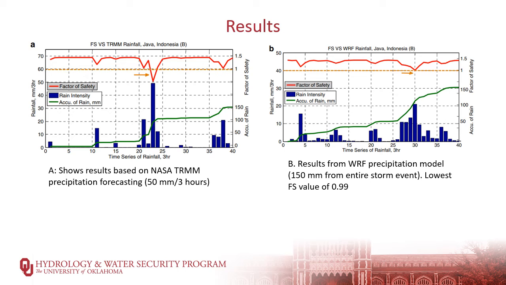Another thing to realize in these graphs is the TRMM in Figure A. There's a lot more water in that one, and the intensity was stronger, I guess. And then in the second one, there's 150 millimeters of precipitation over the whole storm event.